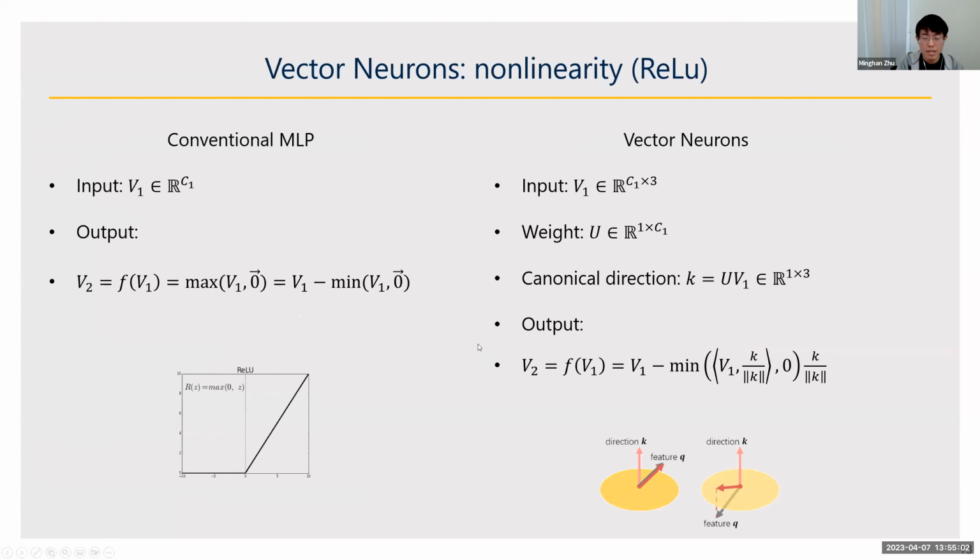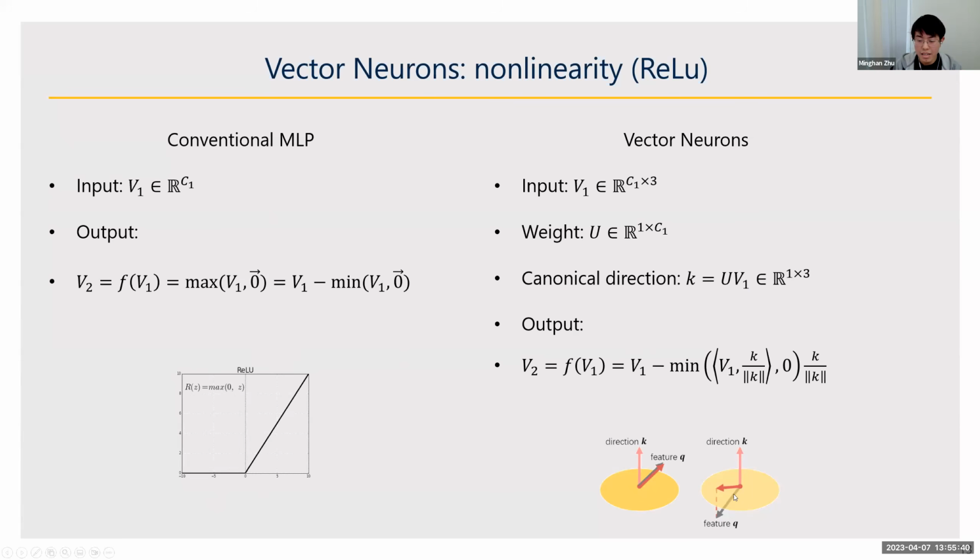And also, we can show that the nonlinear layer of the vector neuron is also rotation equivariant. Here, the example is ReLU, the simplest and most widely used nonlinear layer in deep neural networks. For conventional MLP, it's very simple. It's just the max of this number and 0. This is what a ReLU does. And for a vector neuron, it is a vectorized version of ReLU. Basically, it first estimates a canonical direction k, which is a 1 by 3 vector.